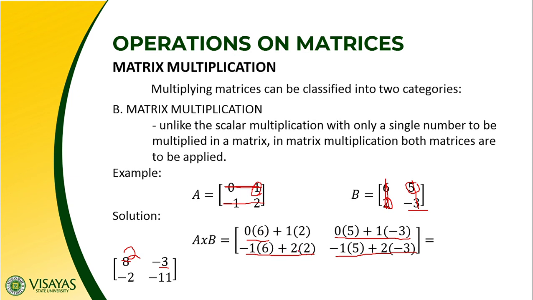Plus 2 times 2 is 4. So negative 6 plus 4 is negative 2. And negative 1 times 5 is negative 5. Plus 2 times negative 3 is negative 6. And negative 5 minus 6 is negative 11. So the resulting matrix contains elements 2, negative 3, negative 2, and negative 11.